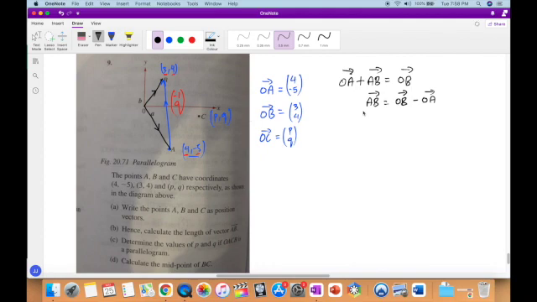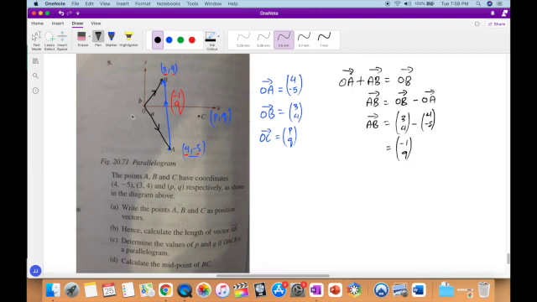So you see, sometimes you can't just be adding them. Sometimes you might have a minus. So AB is equal to OB, which is (3, 4), minus OA, which is (4, -5). So what do I get here? 3 minus 4 is -1, and 4 minus -5 is 4 plus 5, which is +9.